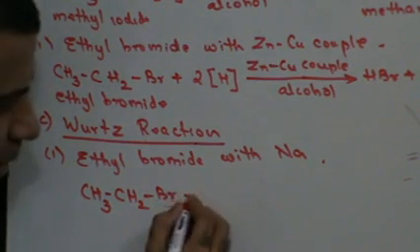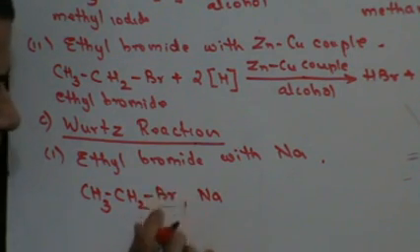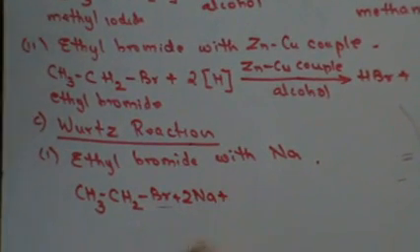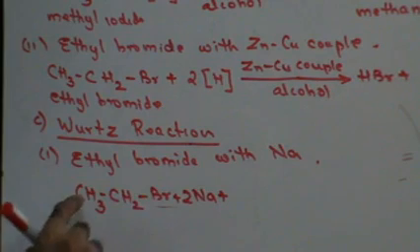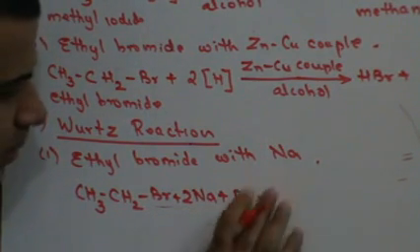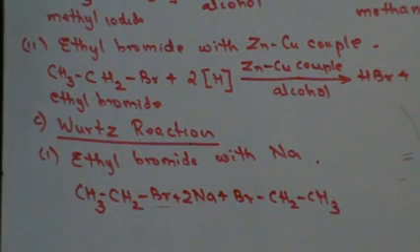Ethyl bromide reacts with sodium metal. I'm going to take 2 atoms of sodium metal, plus I'm writing the ethyl bromide again, but see how I'm writing it. I'm going to write this in reverse order. Bromine, CH2, CH3. I can write it anyhow.